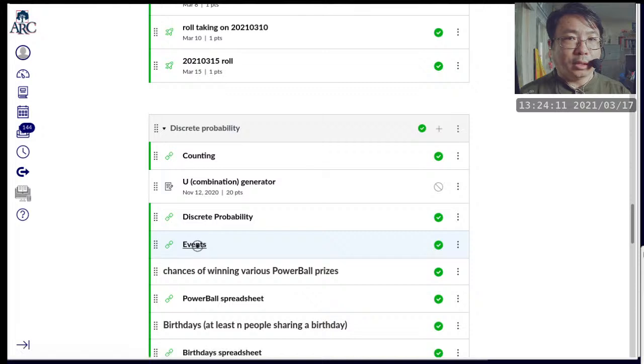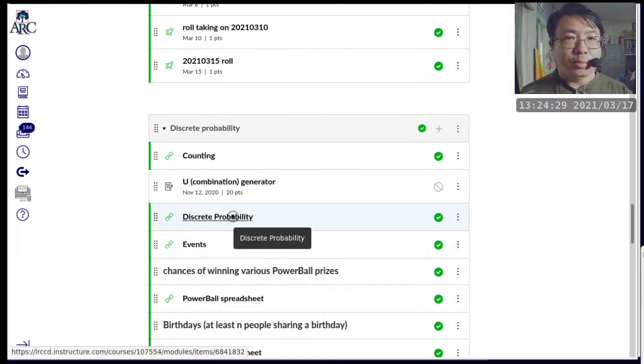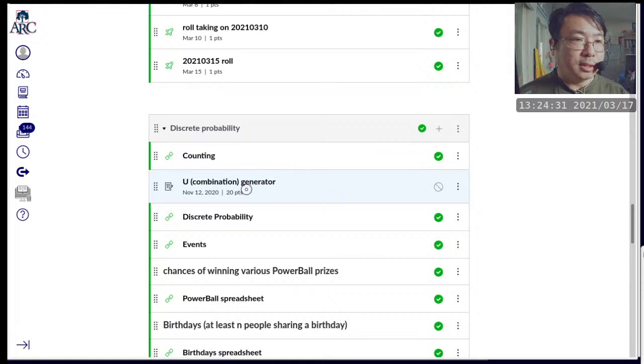These two modules should be read by next Monday. And then we'll have the homework assignment, which may or may not be the same as last semester. I would change it up a little bit, but you will need to understand the concepts in events and discrete probability to do the homework.